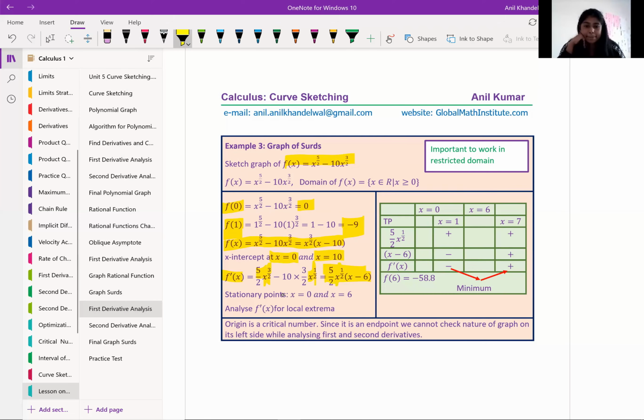Then you factor, since we need to analyze the first derivative. You get two zeros or two critical numbers, one at x equals 0, the other at x equals 6. At these critical numbers, we'll analyze using our table, correct? In this particular case, fortunately for us, the exponents are not negative.